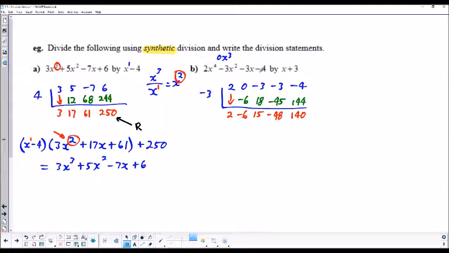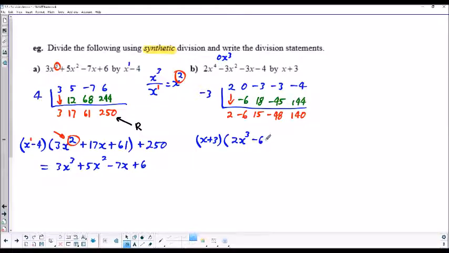Okay, division statement. We start off with the divisor, x plus 3, multiplied by the quotient. So we started at 2x to the power of 4, but we divided by a single power of x. So that 2 is going to be the coefficient of an x cubed term. So it's 1 degree less than the initial dividend.